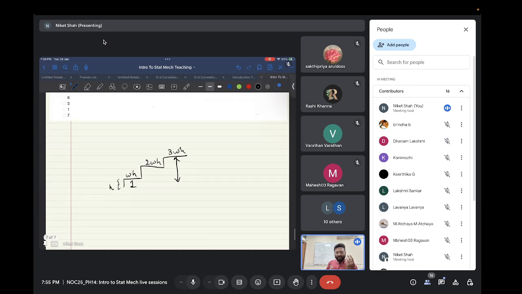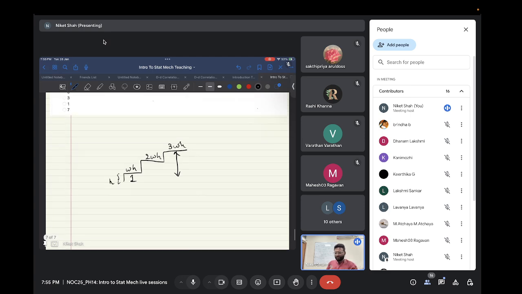So the only thing that seems possible here is that two people go on step number 3. So 3WH into 2, because two people on that step, and one person on this step, plus 1, plus 2WH into 1. One person on this step. So that gives me 8WH.